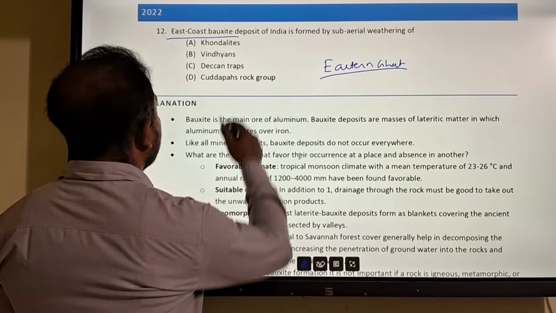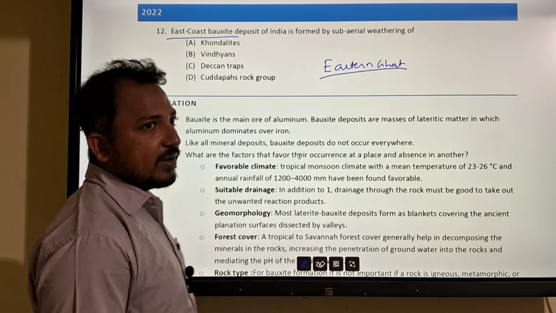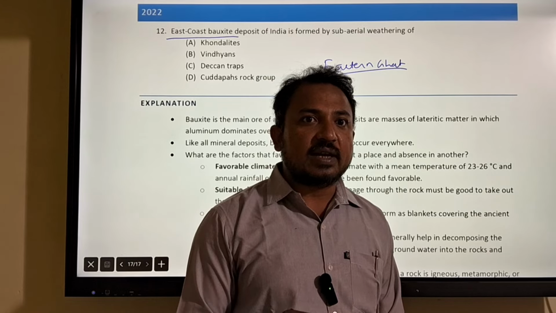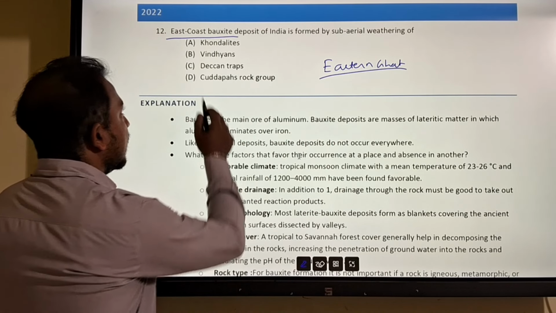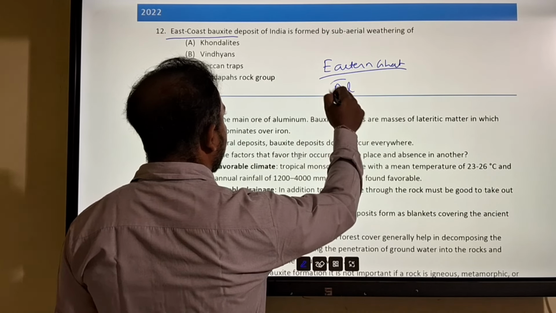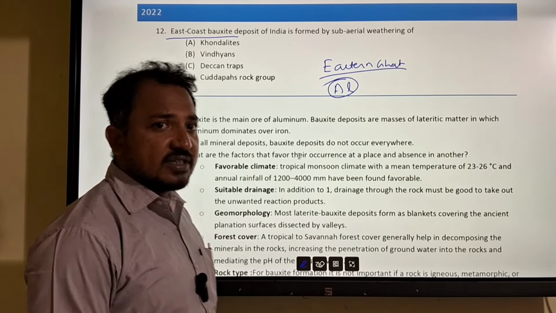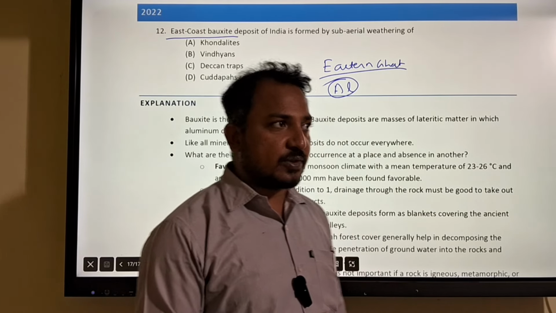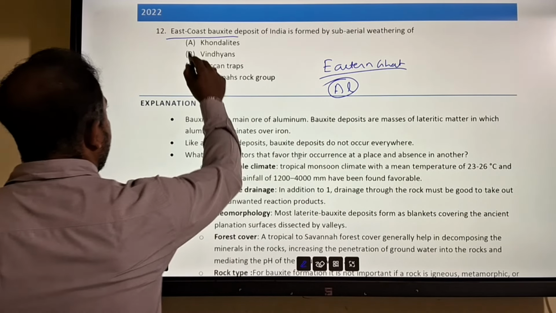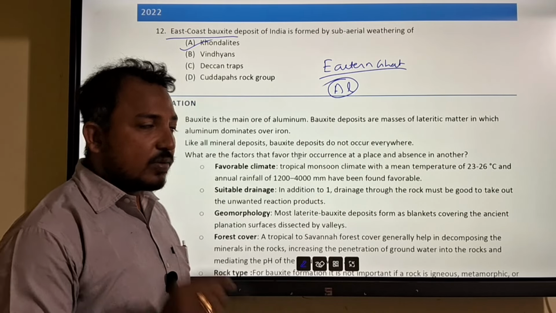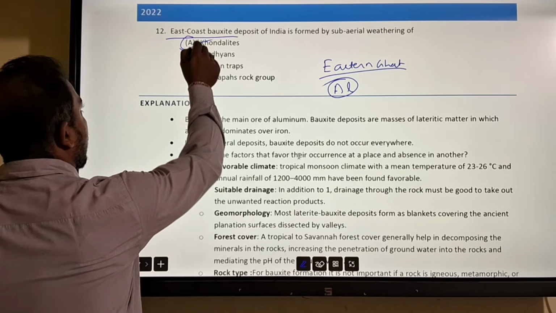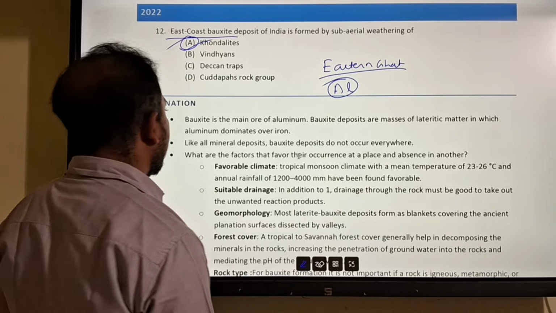Mostly remember, the source rock of bauxite can be any rock which is aluminum rich. Bauxite is an ore of aluminum. Any rock that is rich in aluminum can give bauxite deposition. In the Eastern Ghat you will get khondalite, that is the source of bauxite deposition by weathering.